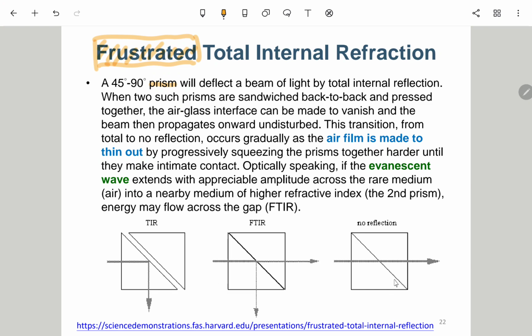Okay, so we go to here. If we try to combine these two prisms together, there's a boundary, but this gap is really narrow, somehow like zero.